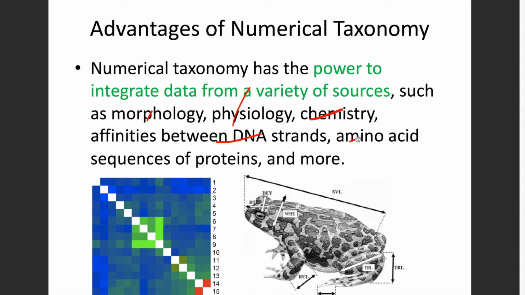And with those data, you can do a lot of things, and you can create a more accurate classification and description of your organism. You can create a more accurate classification scheme if you have all of those data sources from different fields.